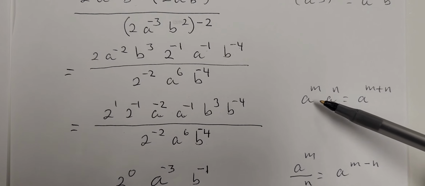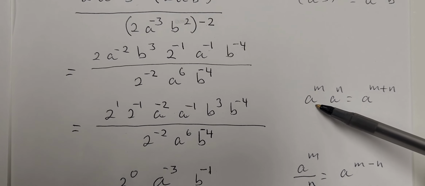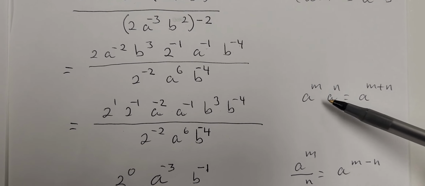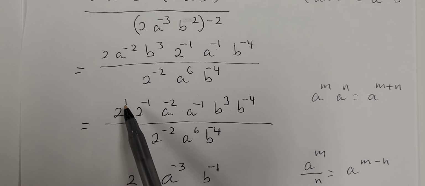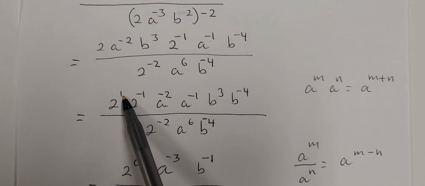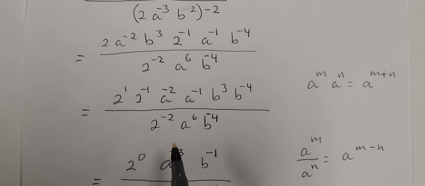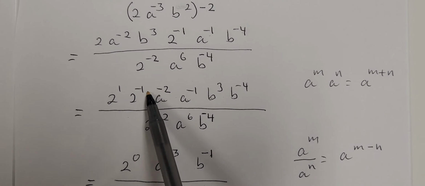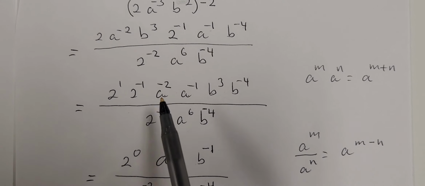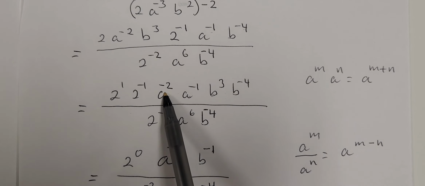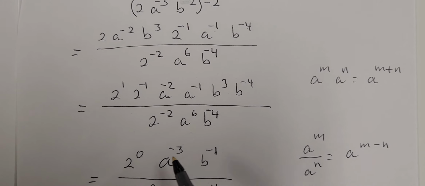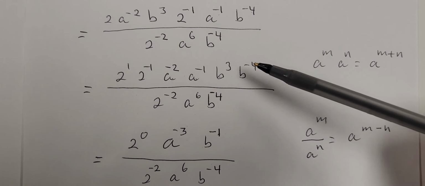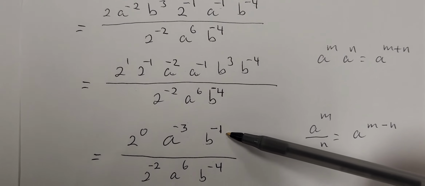Following the rule of adding powers, make sure they are the same base, add the powers. So right here, 1 plus negative 1 gives me 0, or 1 subtract 1 gives me 0. Negative 2 plus negative 1 gives me negative 3, which is here. And then this 3 subtract 4 gives me negative 1.